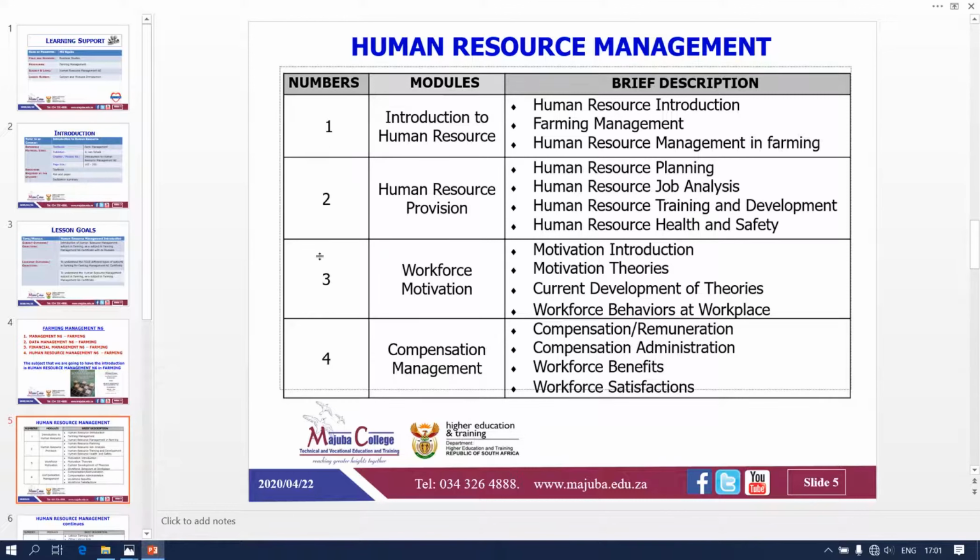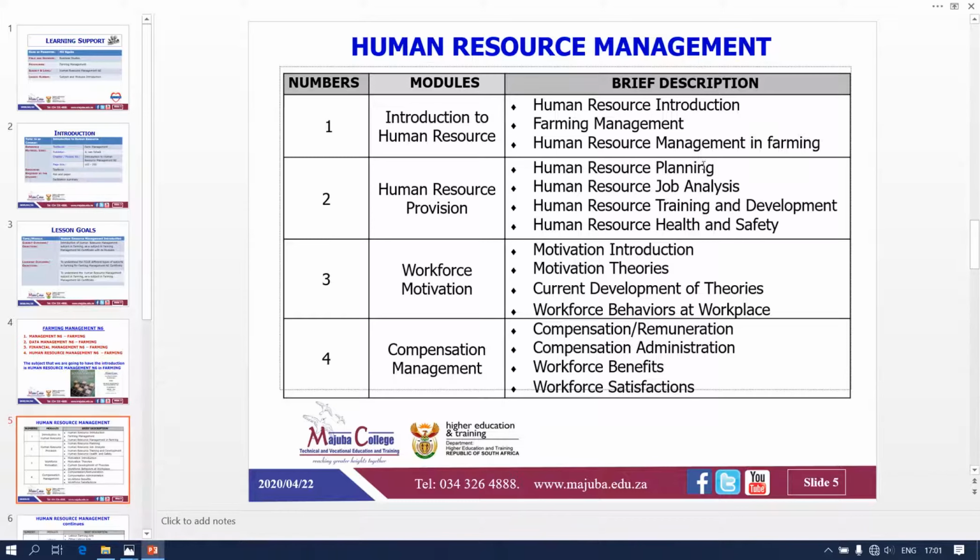Let's move. Human Resource Management. These are the modules, where it says numbers. These are what the module is all about. I will start with this one. The first one will be Introduction to Human Resource. What we are going to cover is human resource introduction, farming management, and human resource management in farming. So those are the three aspects or subtopics that we are going to cover. Then when you go to number 2, it's human resource provision.